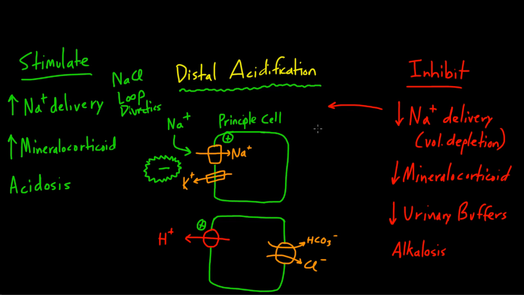Likewise, decreased mineralocorticoid effects. Also decreased urinary buffers. So let's say you've lost the ability to produce the ammonia that I showed was necessary. That will reduce the amount of acidification that can occur. And also, if there's alkalosis, there will be less stimulus for acid secretion.